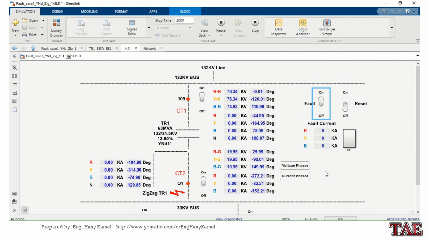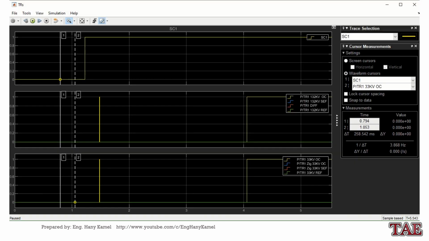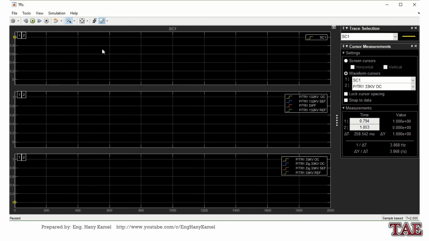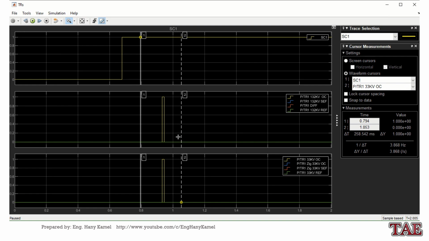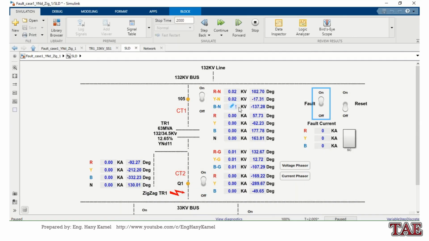I will apply the fault. We can see the trip signal. Both breakers already tripped. So let's see which relay worked. We can see overcurrent protection tripped.